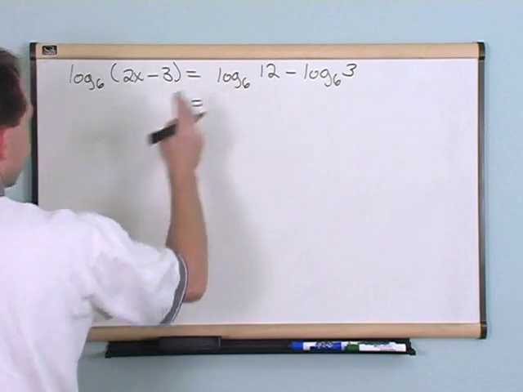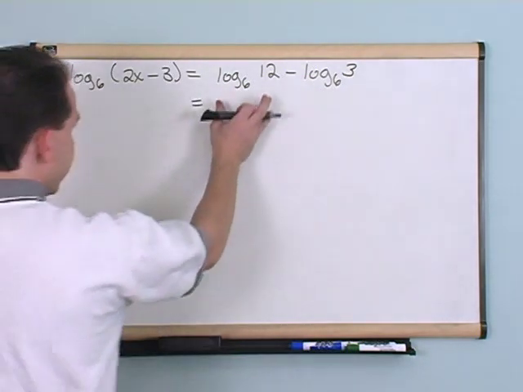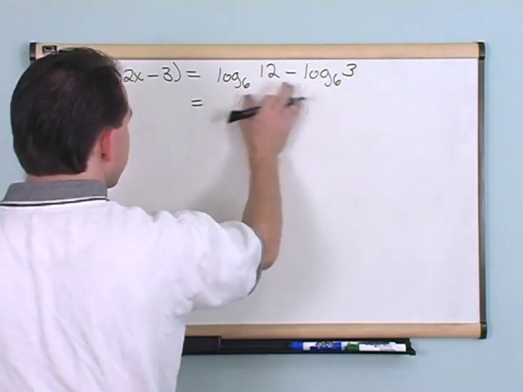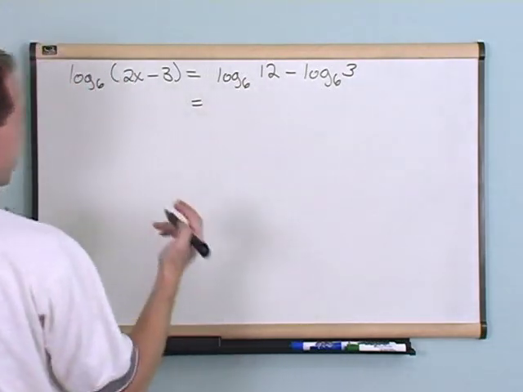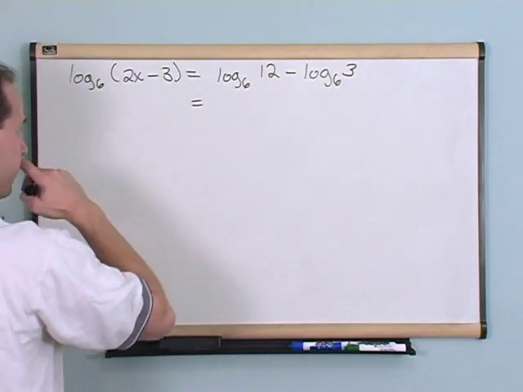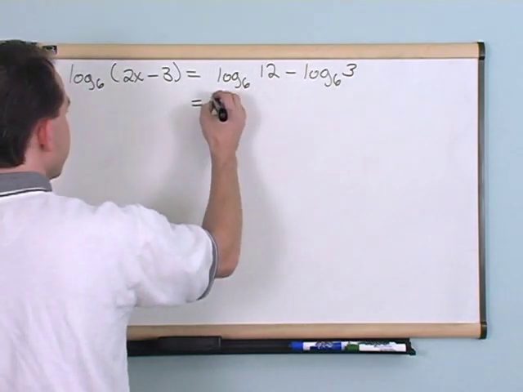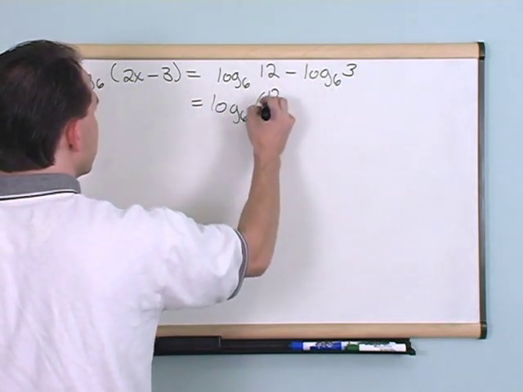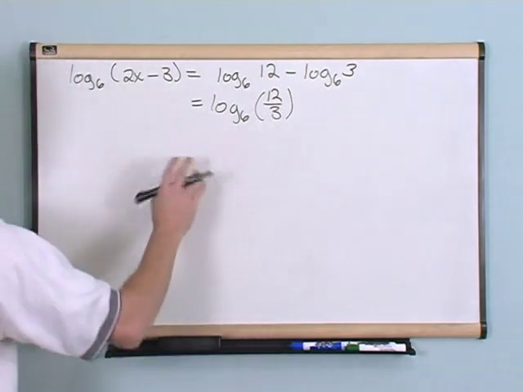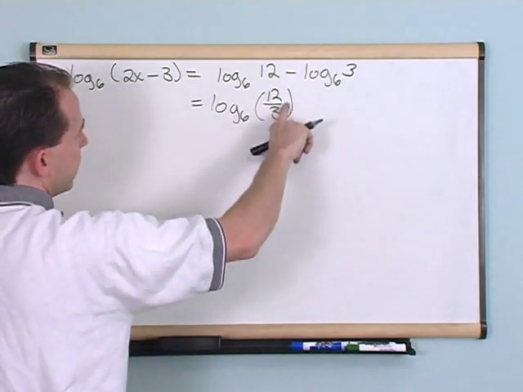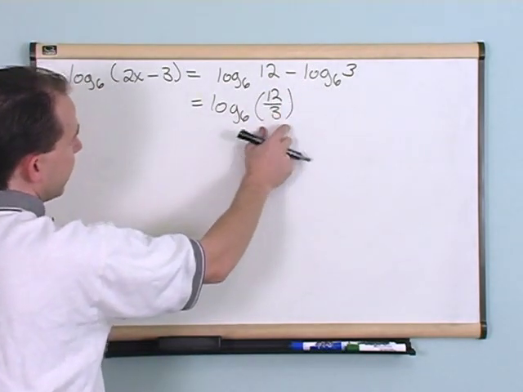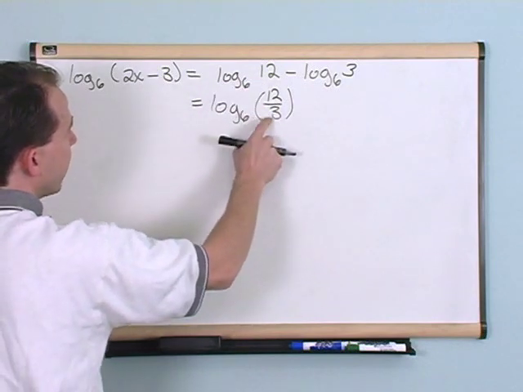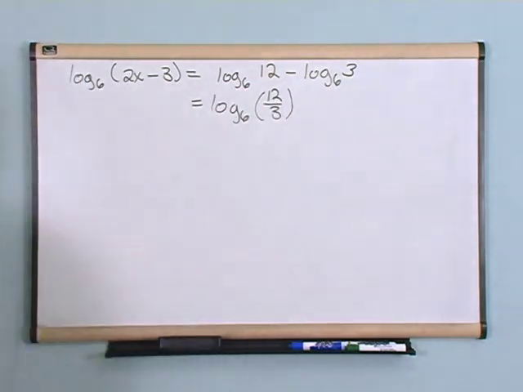What I notice right away is that this is a difference of two logarithms that have the same base. So if you remember back on the previous board, that would be equal to log base 6 of 12 over 3. We had said that if you have two things divided by each other in here, it's the same thing as taking the log of the top and subtracting the log of the bottom. So you just write it like that.